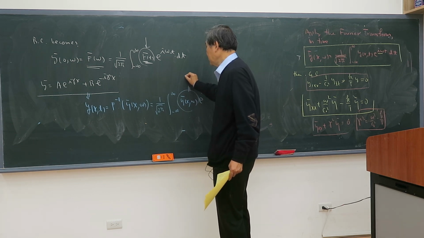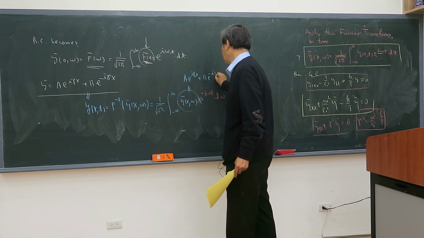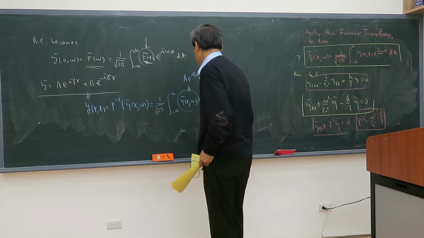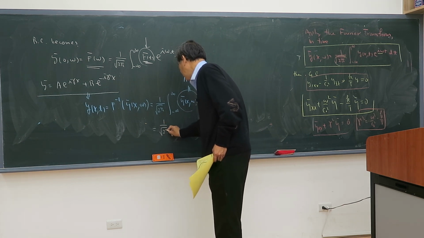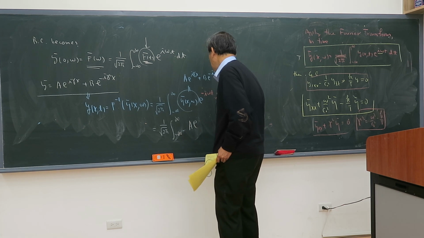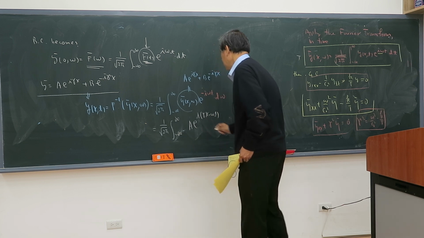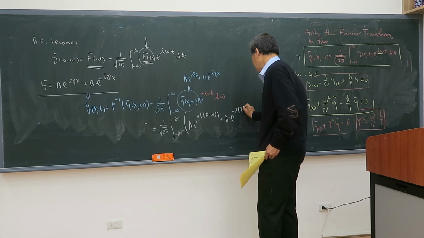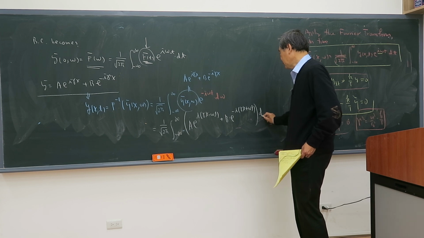So this will be A e^(i gamma x) plus B e^(minus i gamma x), and this will be the integral from minus infinity to infinity of A e^(i(gamma x minus omega t)) plus B e^(minus i(gamma x plus omega t)) d omega.